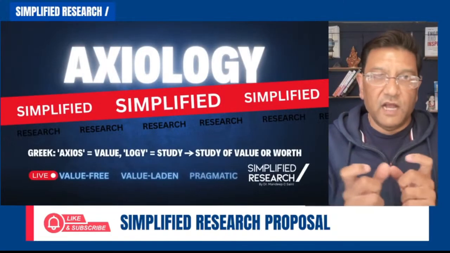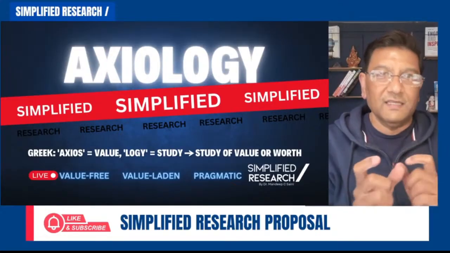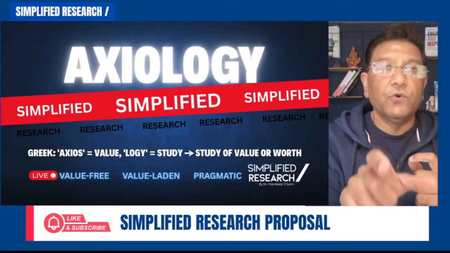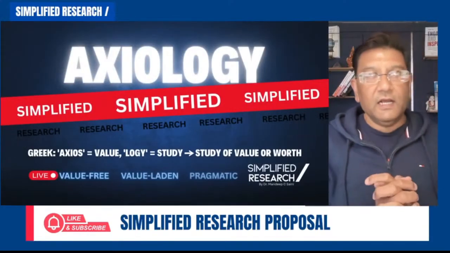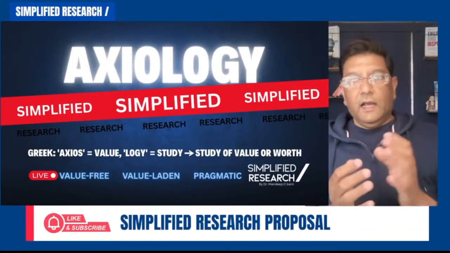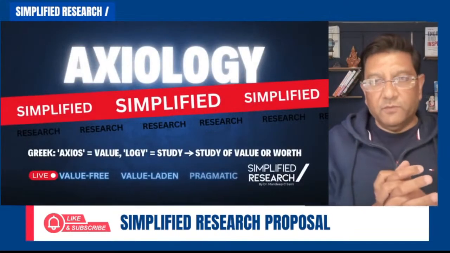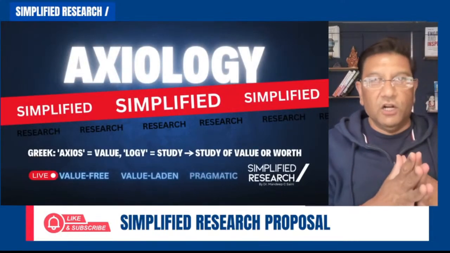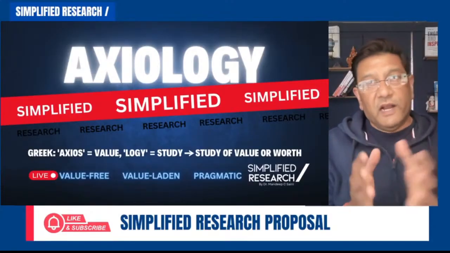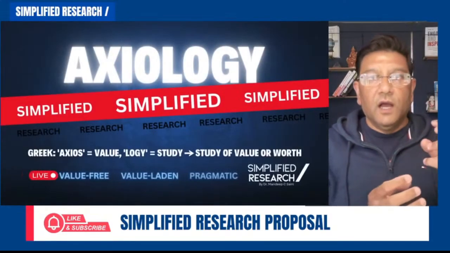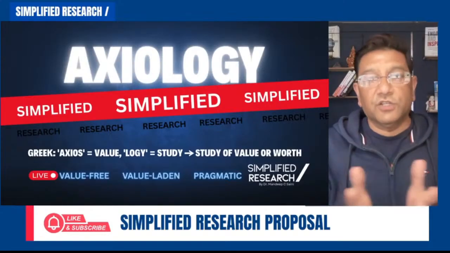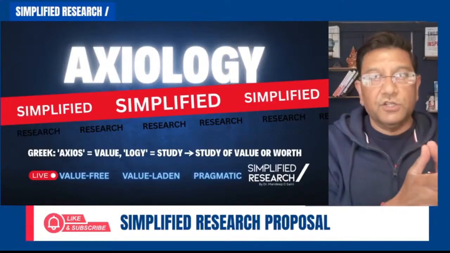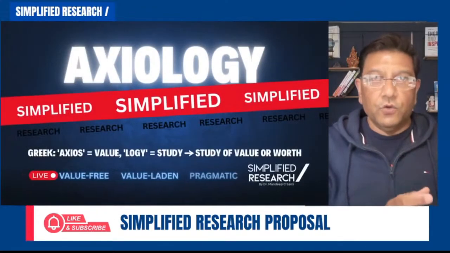So, when you are biased on one side, it is your own value you are putting into it. As an example, you are researching project management, and you are trying to identify which project management methodology is going to work in construction projects, and you are working in a construction organization, and you are a project manager there.